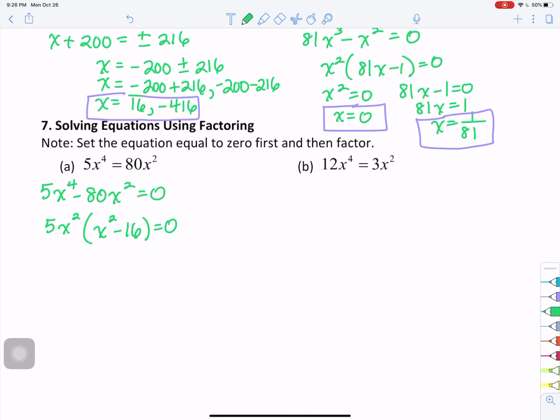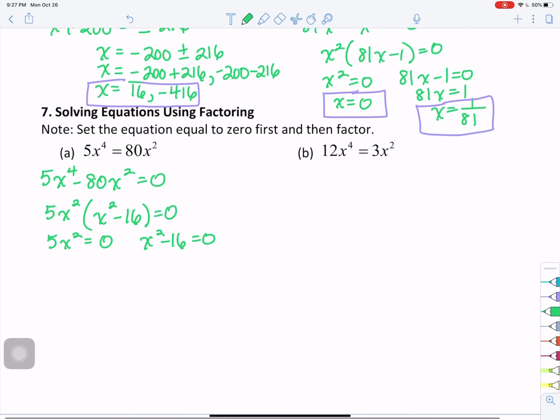And now we can go ahead and say either 5x squared is equal to 0 or x squared minus 16 is equal to 0.